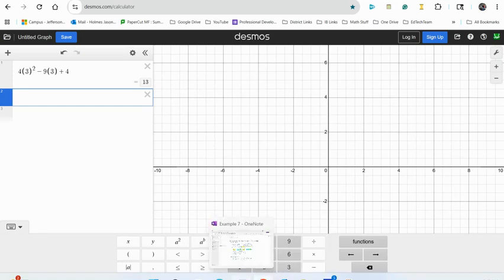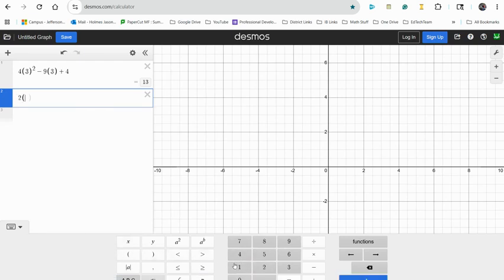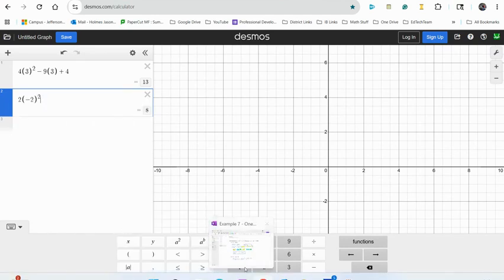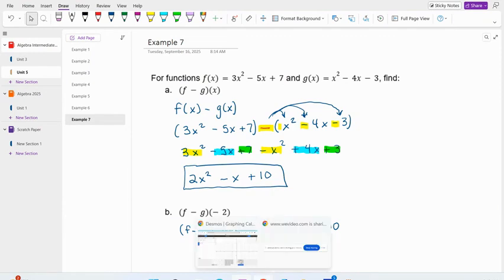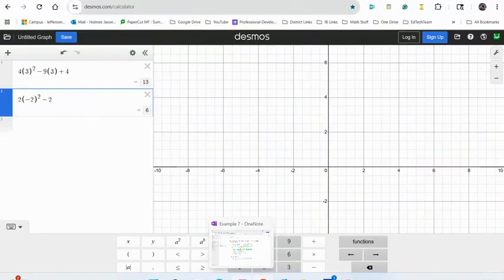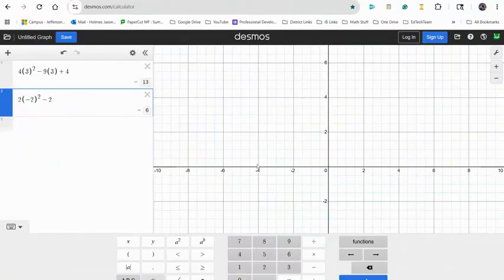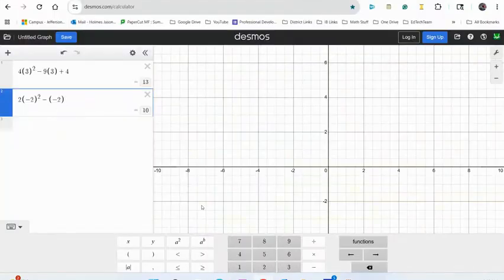So we have 2 parenthesis negative 2 parenthesis squared, minus parenthesis negative 2, plus 10.